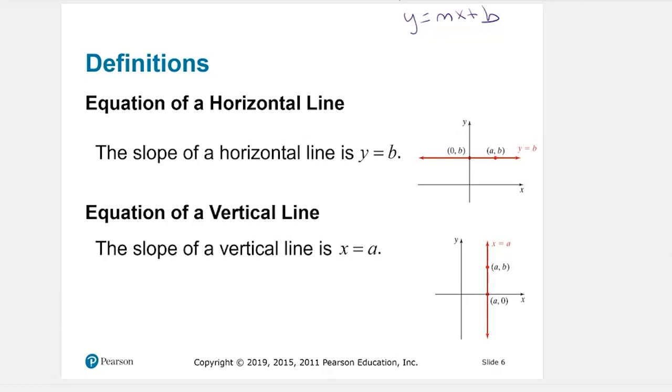But it's not going to go horizontal unless my slope is going to have to equal 0. So if m equals 0 right here, that term goes to 0 and I just get y equals b.